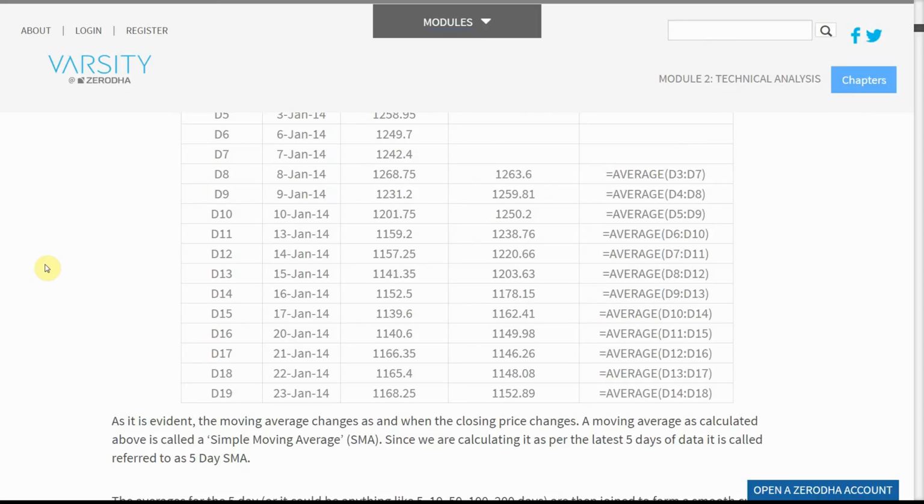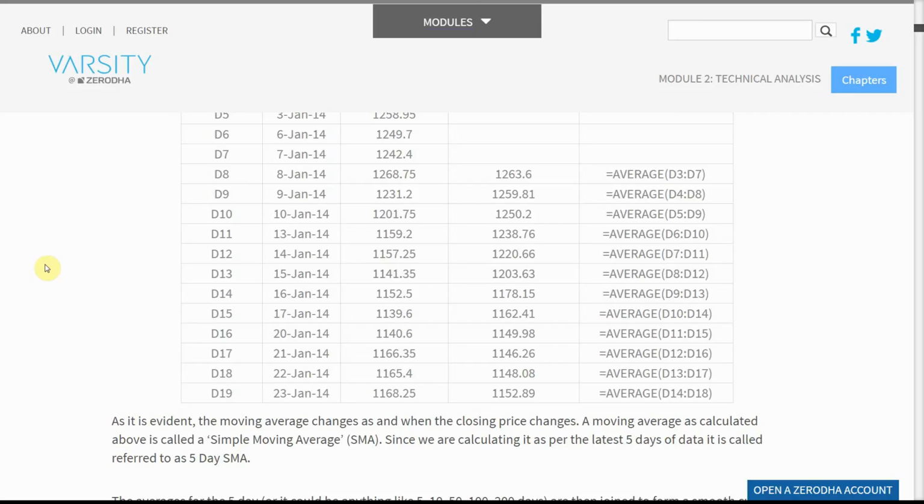D15, the 14th of January, 17, 1139.6. 1162.41 equals average. D10, D14. D16, the 14th of January, 21, 1140.6. 1149.98 equals average. D11, D15. D17, the 14th of January, 21, 1166.35. 1146.26 equals average.